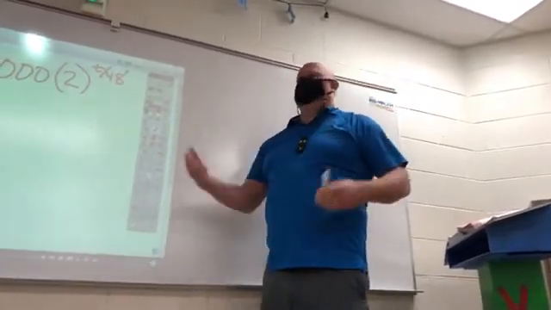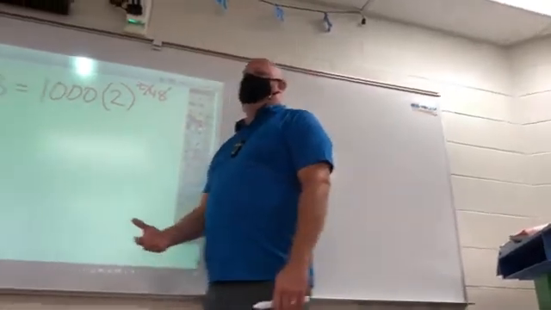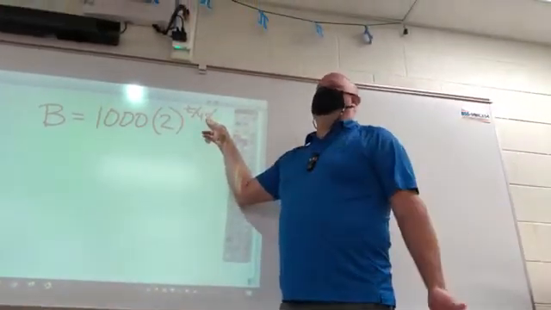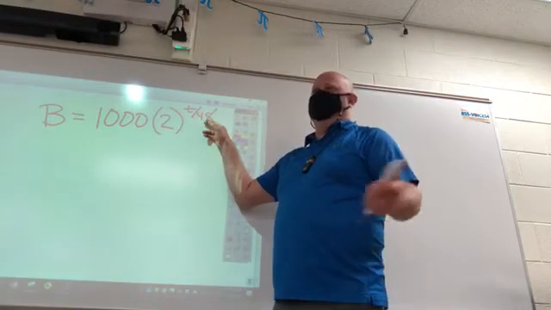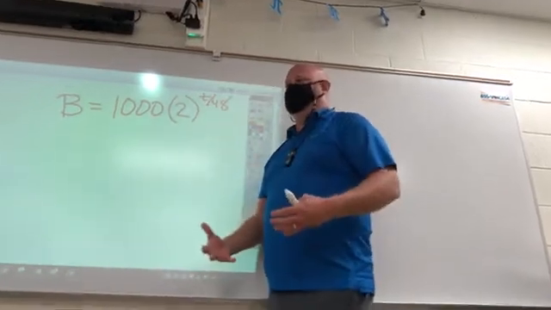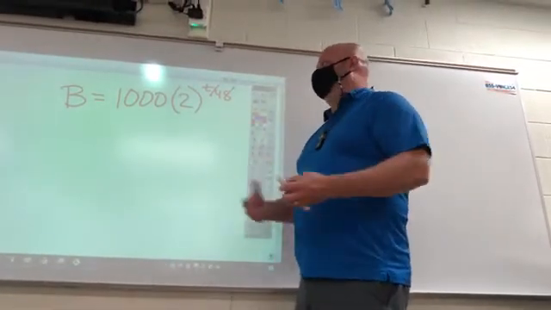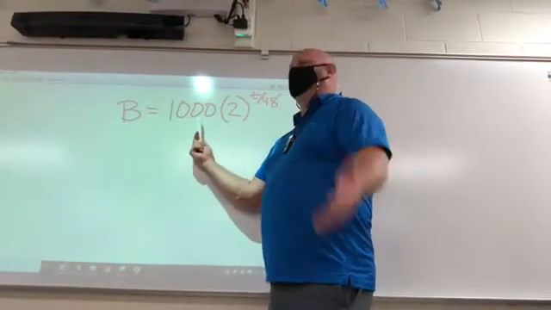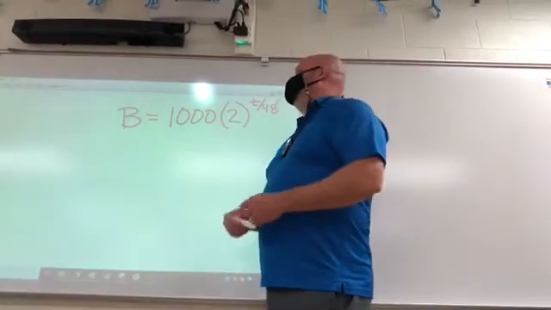Now, do all bacteria grow at the same rate? No. So that 48 for the next problem might be a 56 or a 32, because some bacteria grow faster. You don't always start with 1,000 bacteria. Sometimes you start with 10,000 bacteria.